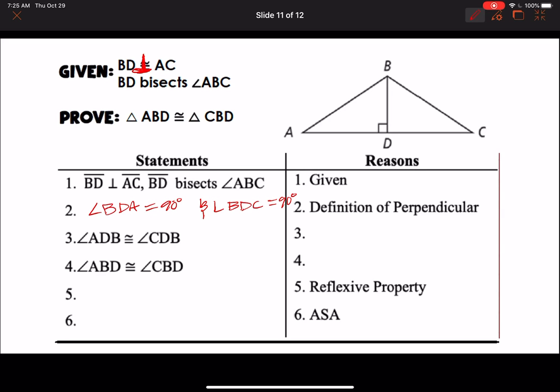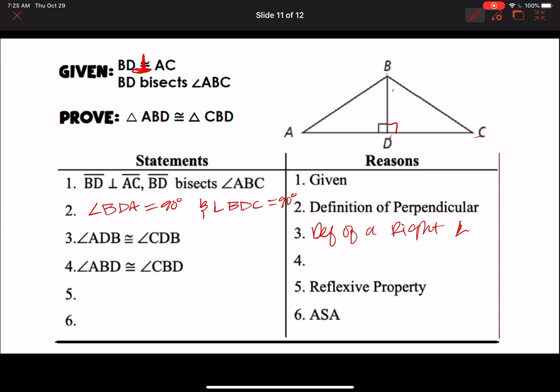And that's just the definition of perpendicular, because we know that BD is perpendicular to AC. All right, next they tell us that angle ADB is congruent to CDB. Well, yeah, if they're both 90 degrees, then they're both right angles. And that means they're both going to be congruent.